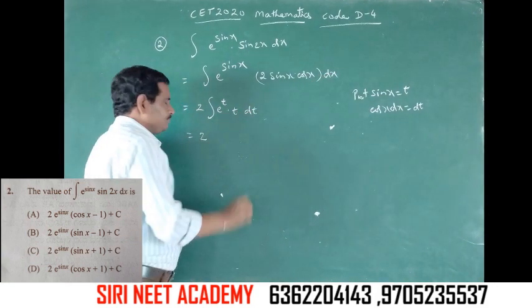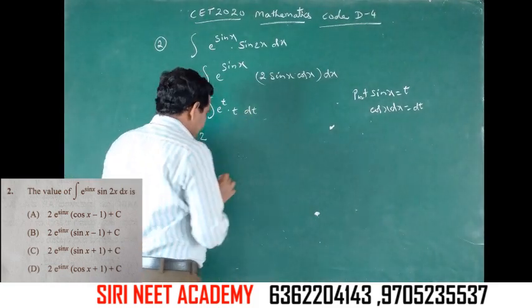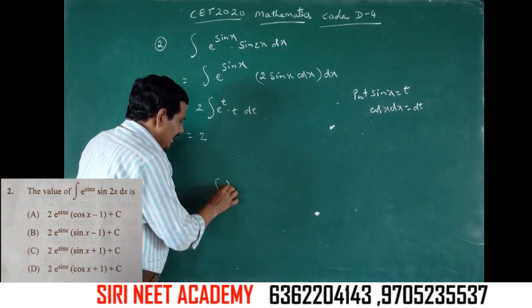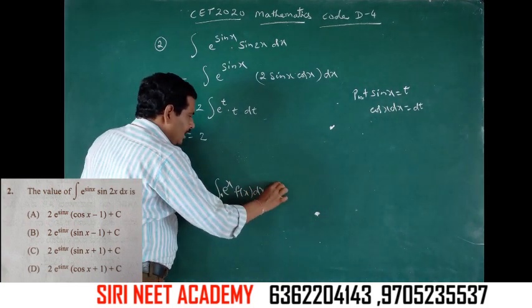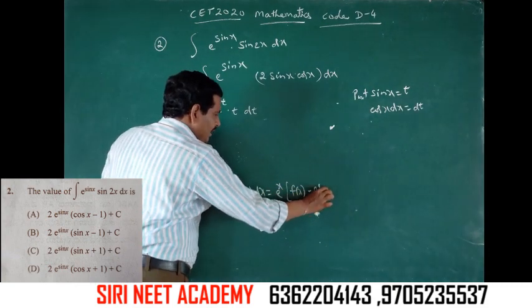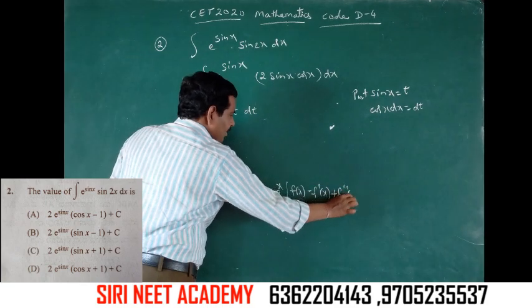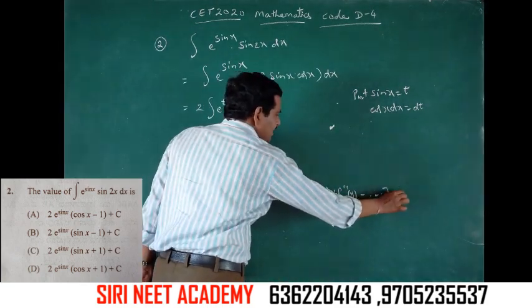So the integral of e power t into t dt. We know that the integral of e power x into f of x dx is e power x into [f of x - f dash x + f double dash x - and so on] plus constant c.